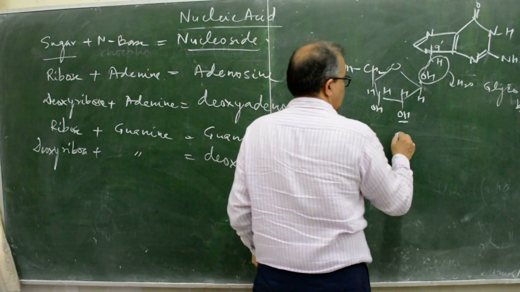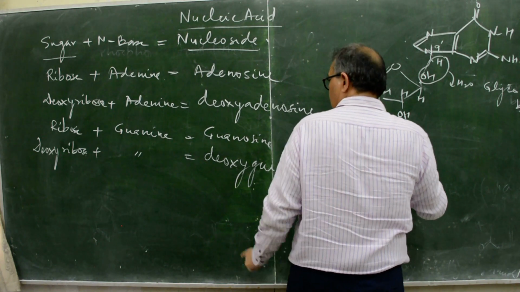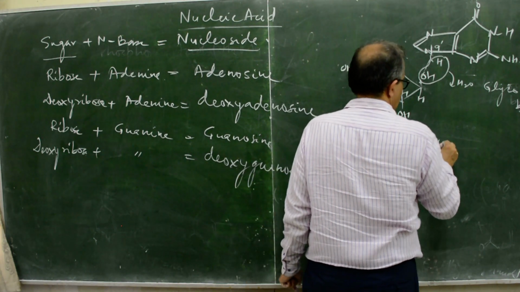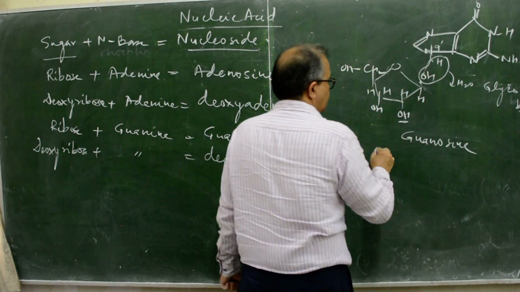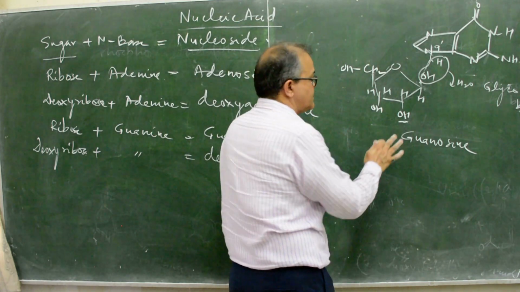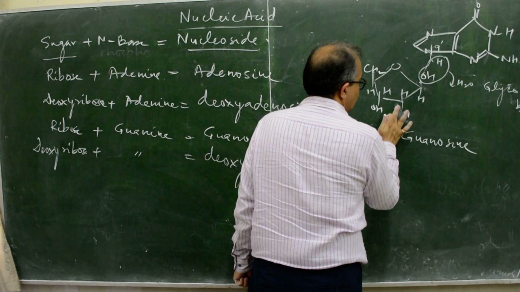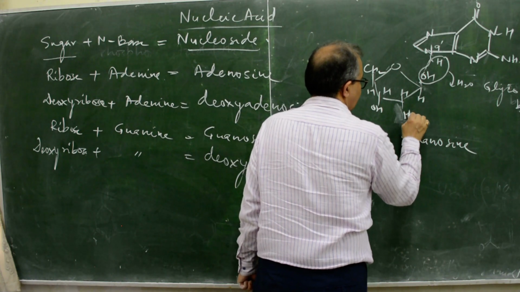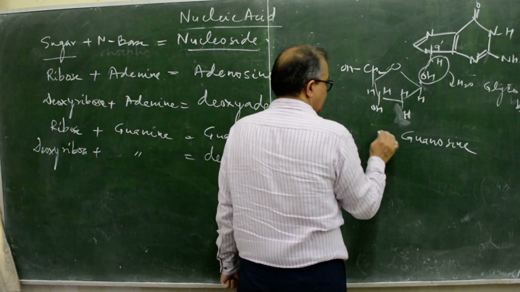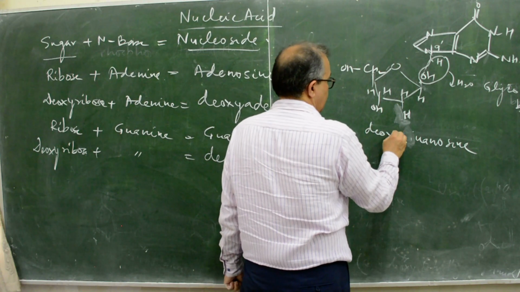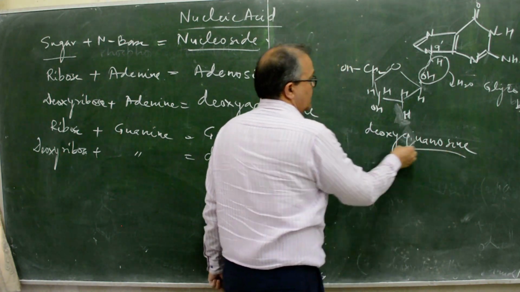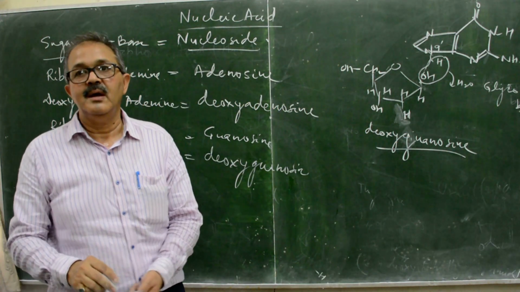And this is known as guanosine. But if you have to prepare deoxyguanosine, you remove this oxy group here. In the absence of the oxygen, only H will be there, then it will be called deoxyguanosine. Okay, like that.